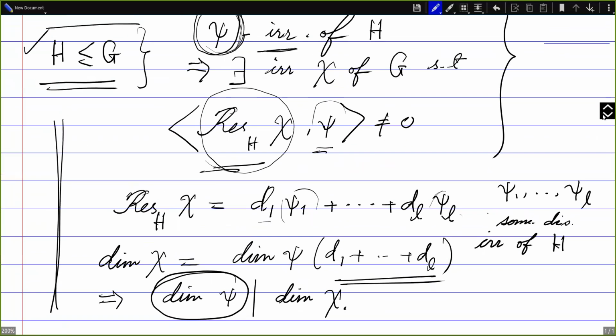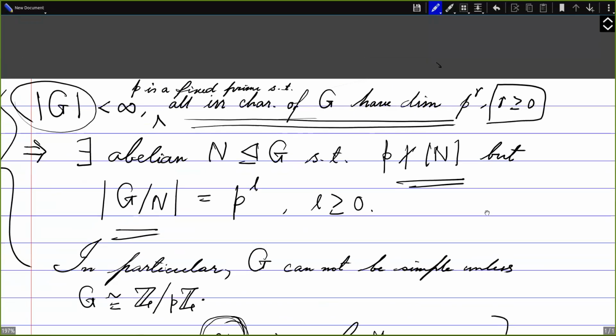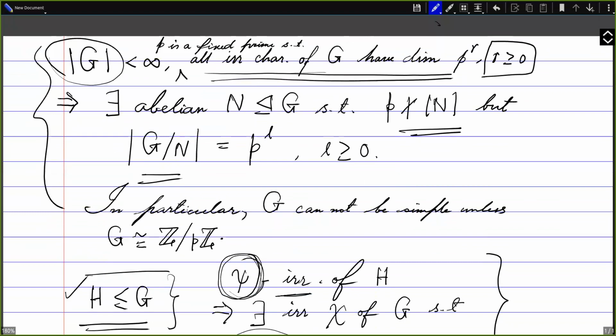So if the subgroup is proper, then since the hypothesis also holds for that subgroup, we can use the induction argument on that subgroup.